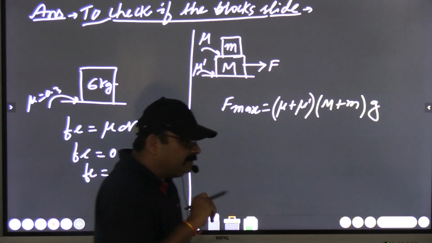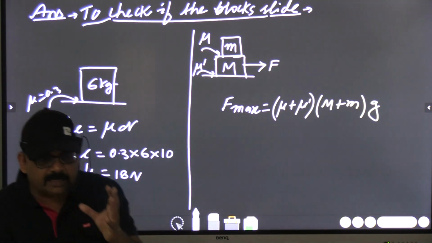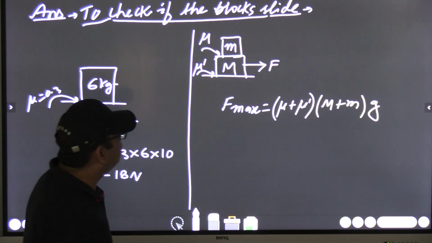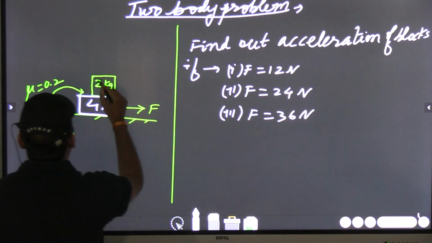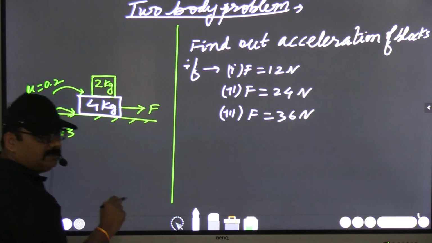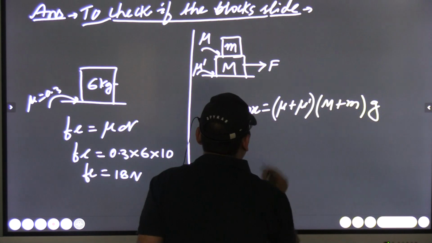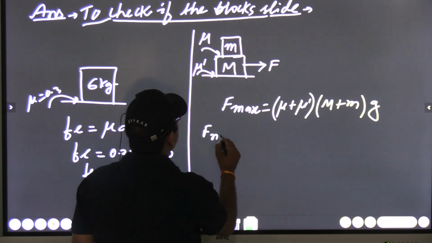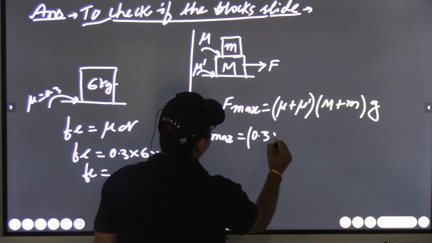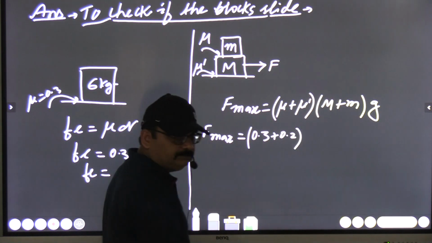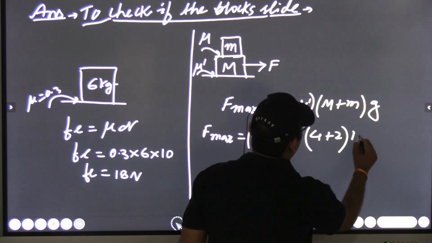So in the second part, we will check up to what magnitude of the external force the bodies will slide together. For this problem, let us refer to the problem: 4 kg, 2 kg, 0.2, 0.3. So let us find the value of the force. F max is equal to (0.3 plus 0.2) into (4 plus 2) into 10.